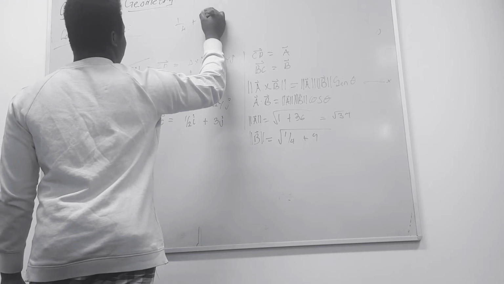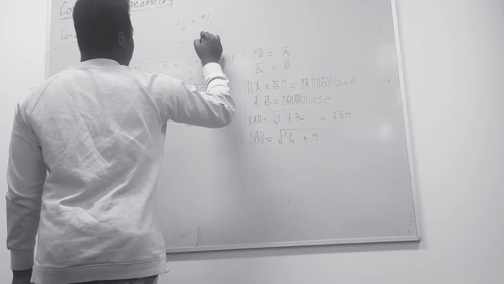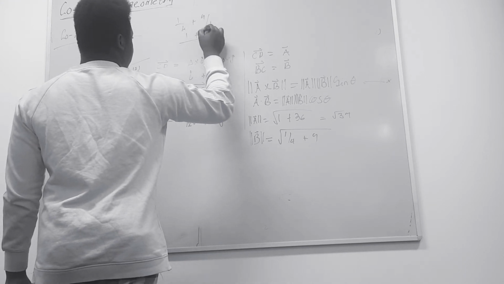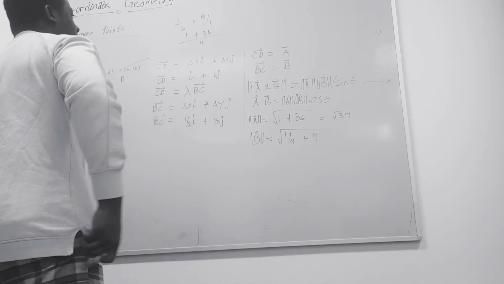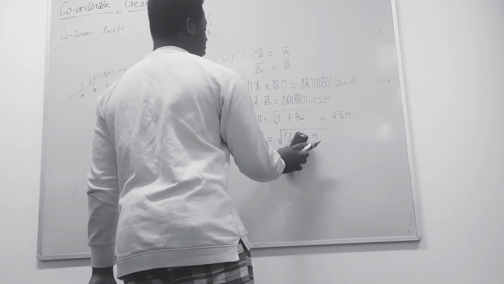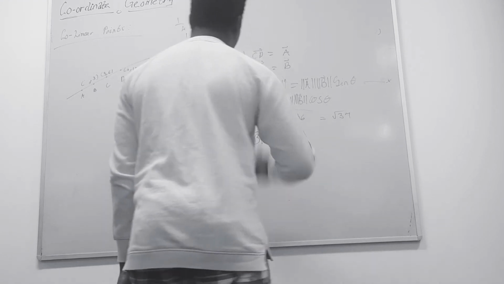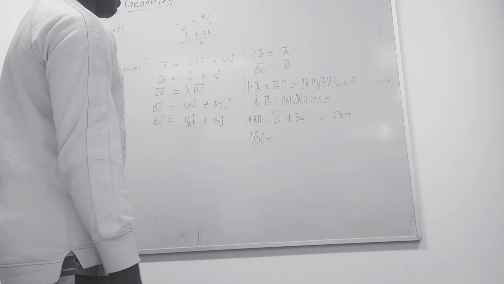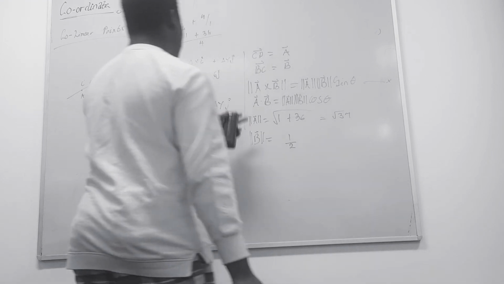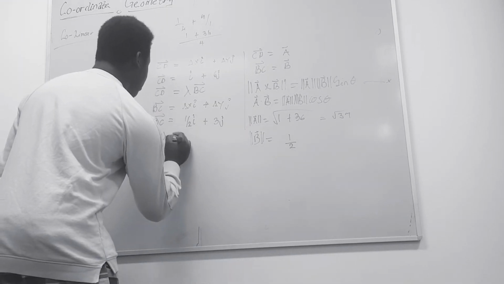I know what the answer is, but I just want to write it as a fraction: 1 plus 36 over 4. It's obvious what the answer is going to be. I didn't even have to do that. That'll be 1 divided by 2. If the scalar factor, where is it? So lambda is equal to a half.